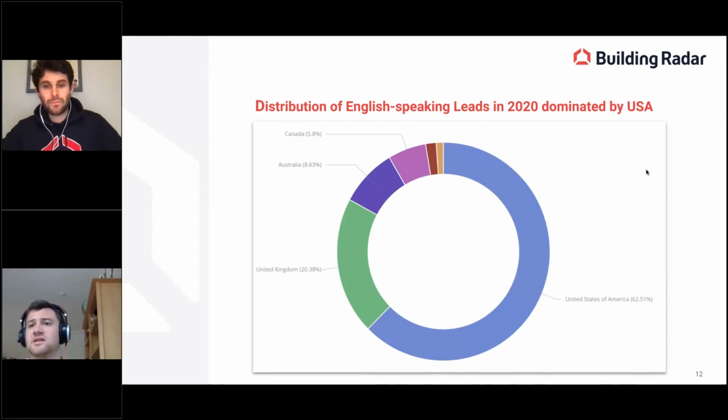As you can see here, the United States dominates with 62.5%, then the United Kingdom, Australia, Canada, and then other English-speaking countries, think of New Zealand and so on. Now, this does not mean that countries that do not speak English don't get covered.